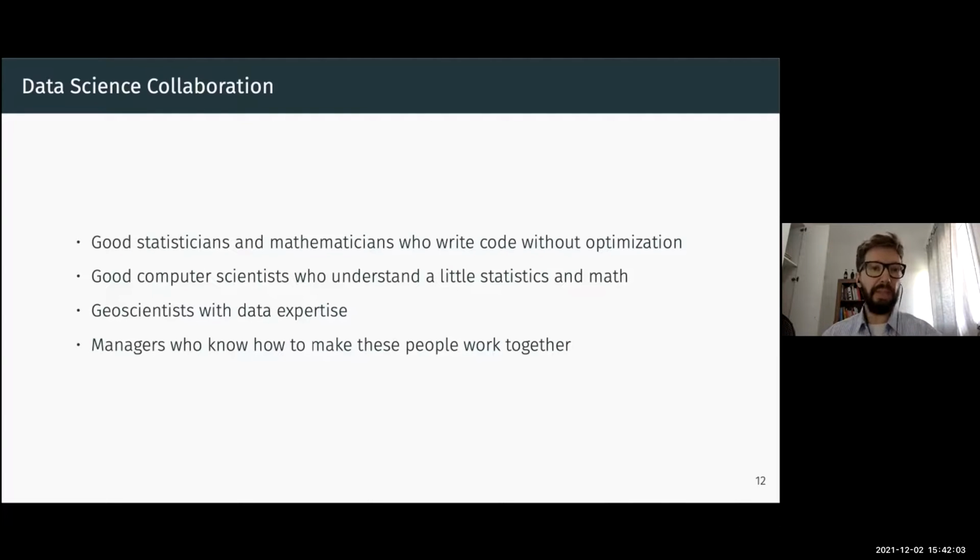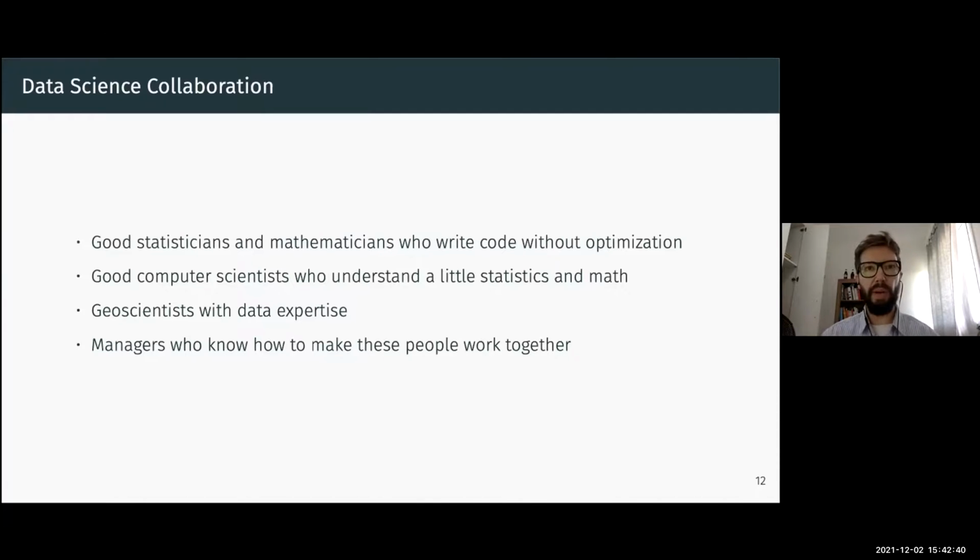Besides us statisticians and the computer scientists, we have the geoscientists. They have some data expertise, but they usually don't know the statistical tools as well as we statisticians do. And another good figure we can have in this setup are the managers or the advisors.